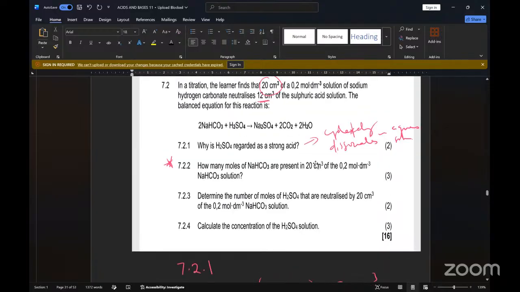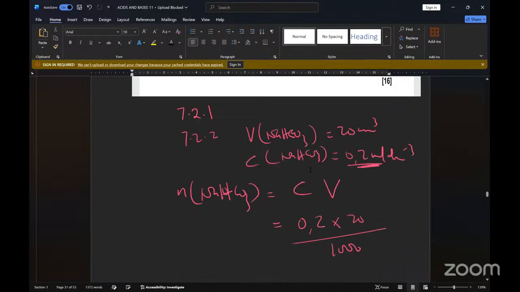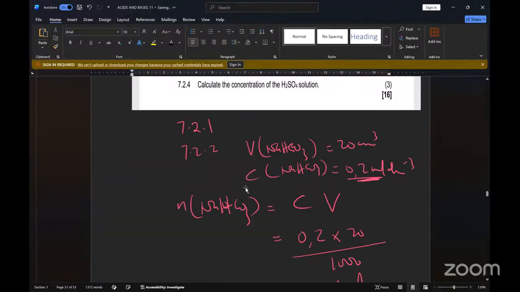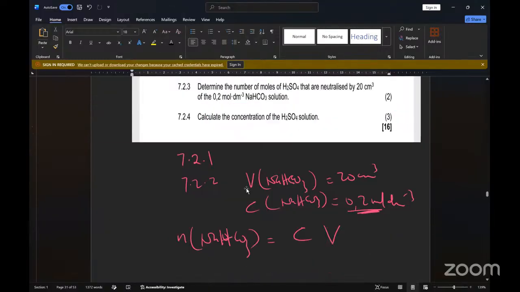Let me copy this one down so that we know what we are doing. This is sodium hydrogen carbonate and sulfuric acid.